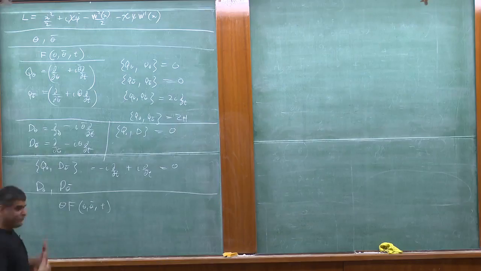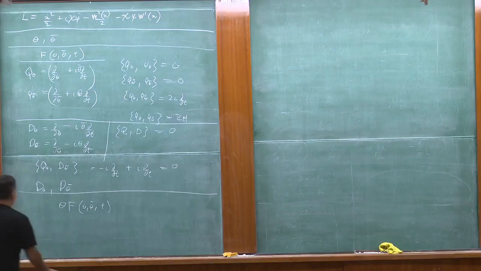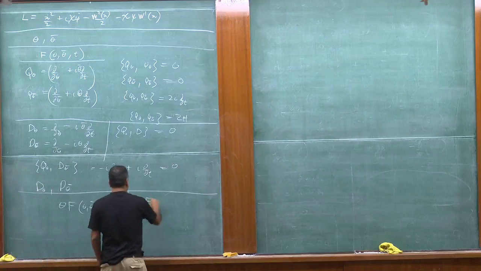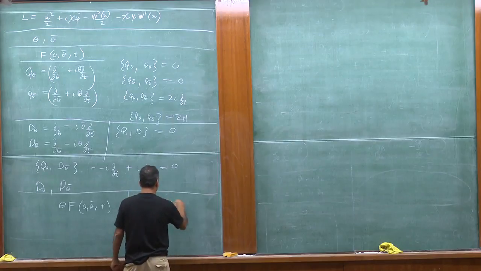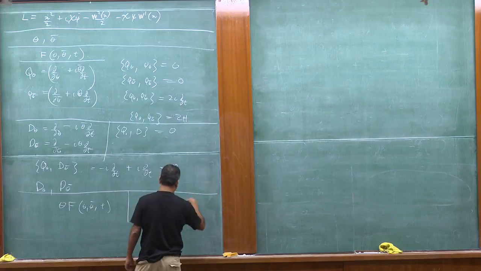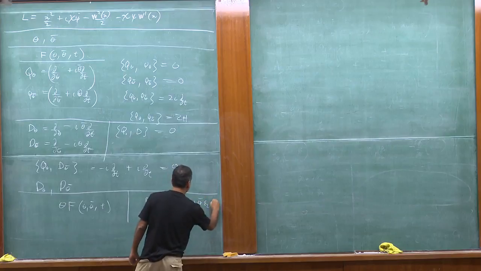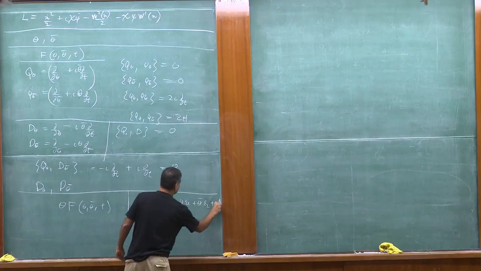So, if you take this f and you expand it in fields, as we will do, we write it as a plus theta zeta 1 plus theta bar zeta 2 plus theta theta bar b, something like that.